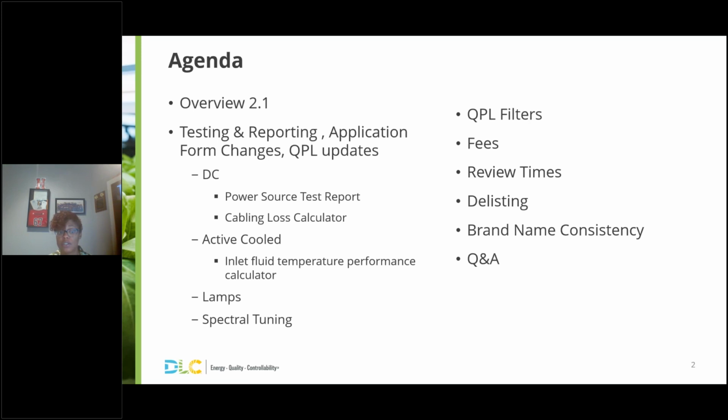We'll also introduce some information related to version 2.1 regarding spectral tuning products. And then we'll move over to information on QPL filters, some of the fees and review times associated with these version 2.1 applications, some information on delisting of products, and also some comments regarding brand name consistency. Following that, we'll go into a Q&A session.